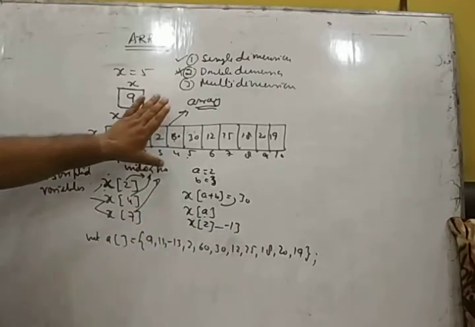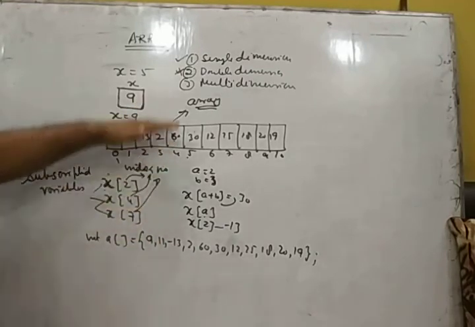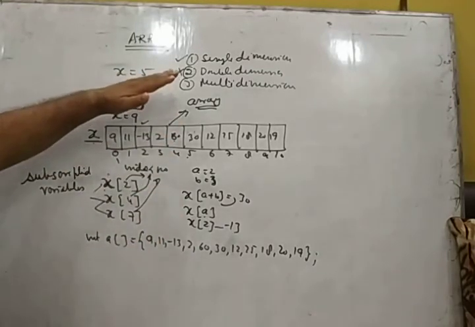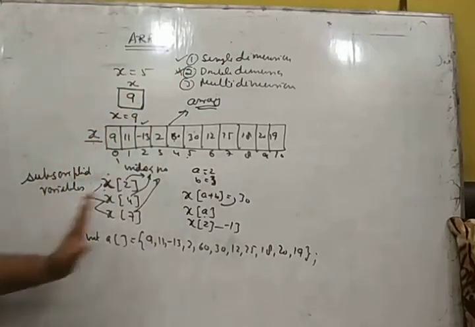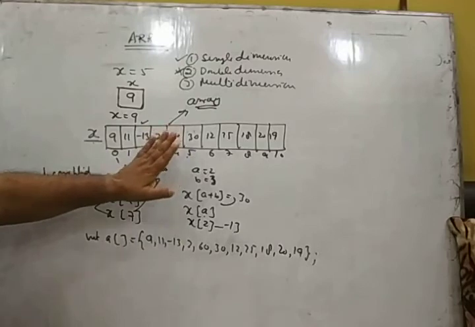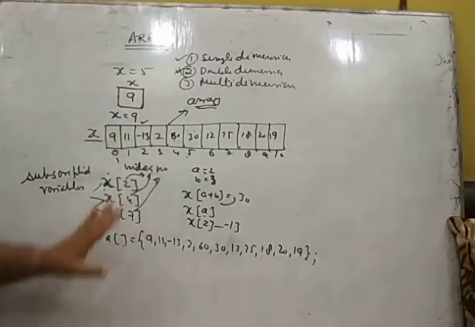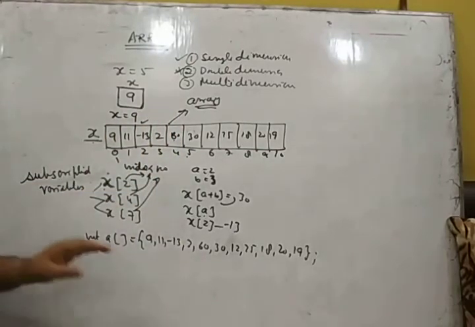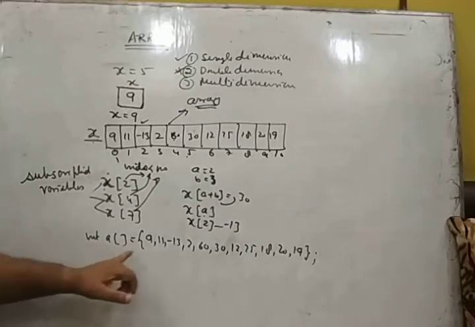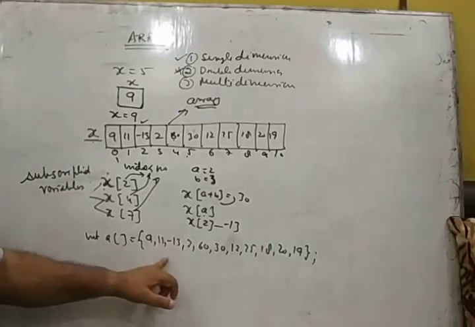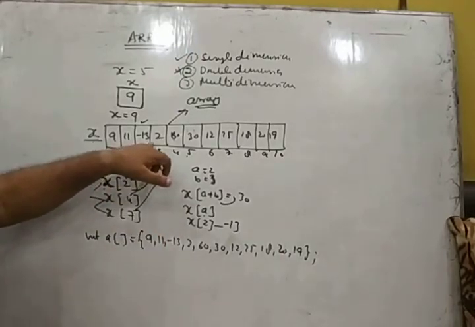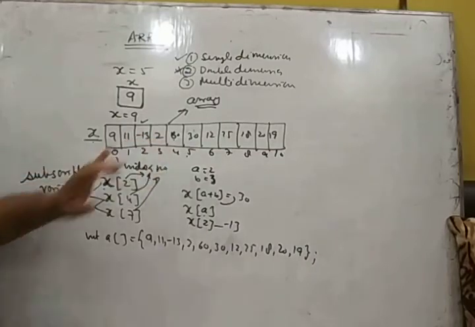In Java, if you want to declare an array, these things were general. Computer concept, there is a concept of array in computers, right? Now in Java, if you want to store numbers this way, this is the way how you will write it: int a 9, 11, minus 13. As soon as you give this command, the computer will make an array this way, right?